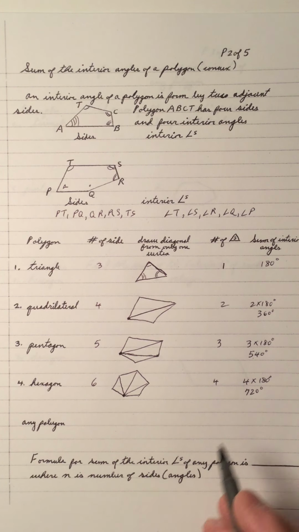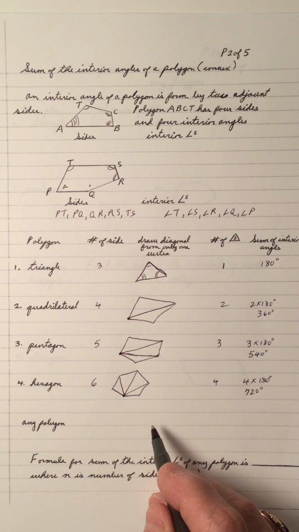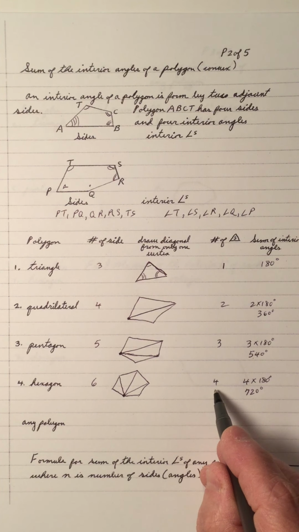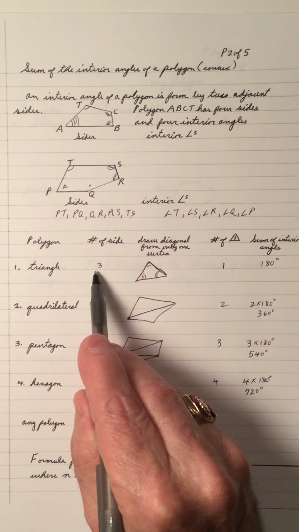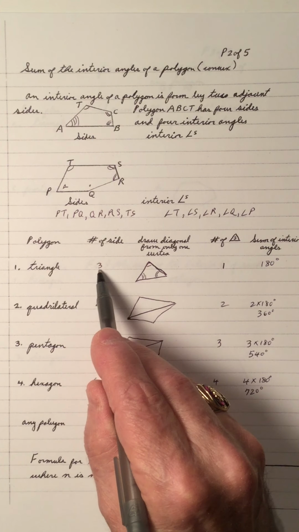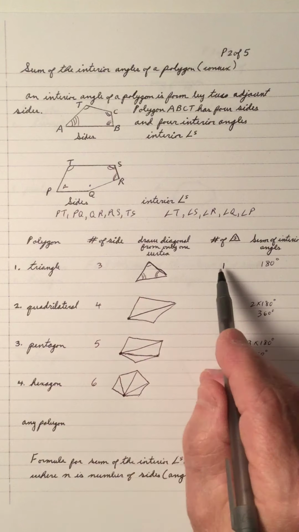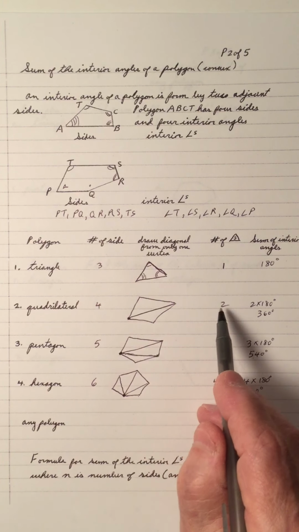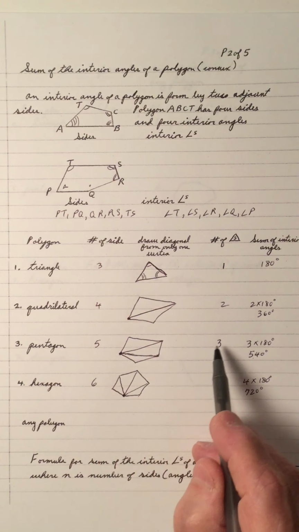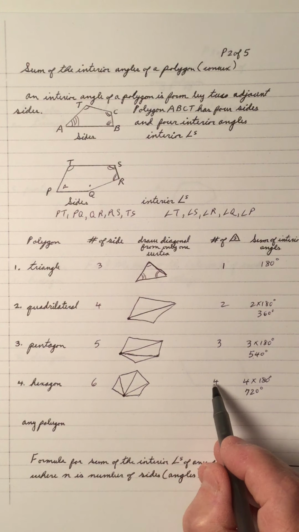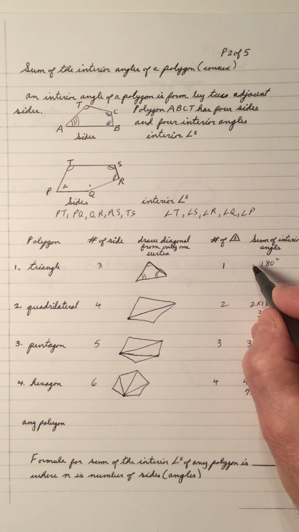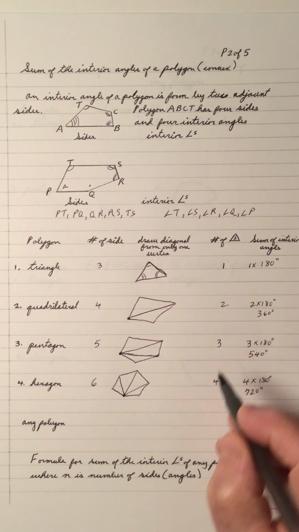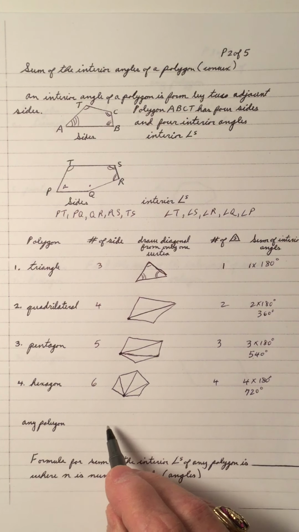What happens if you notice the number of triangles compared to the number of sides? What do you notice? That's 3, that's 1, that's 4, that's 2, that's 5, that's 3, that's 6, that's 4. So the number of triangles is always what? 2 less than the number of sides.